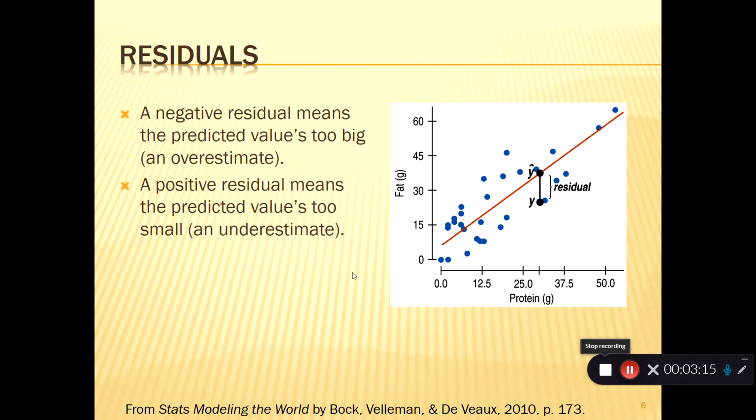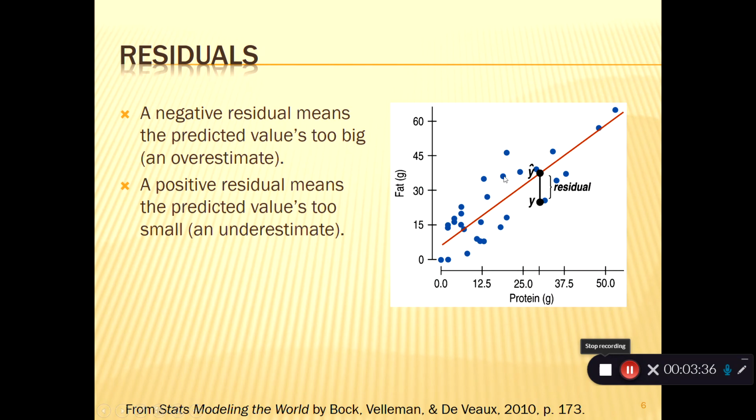A negative residual means the predicted value is too big. So if I subtract the predicted value from the actual value and it's negative, then my prediction was too big, like for example, here. And then a positive residual means the predicted value is too small.